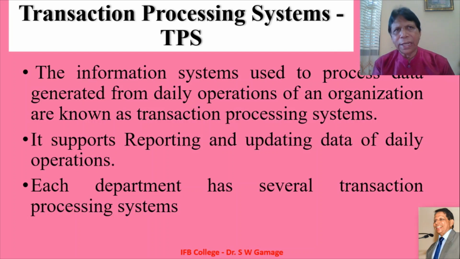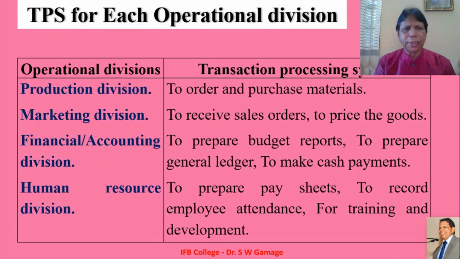In any organization, a salesperson is there doing the selling part. All of these are done through TPS, the transaction processing system. That's the basic one in any organization. Then this transaction processing system can be used in various divisions. In the production division, it can be used to order and purchase material. In the marketing division, it can receive the sales orders. In the financial division, it can be useful for cash payment.